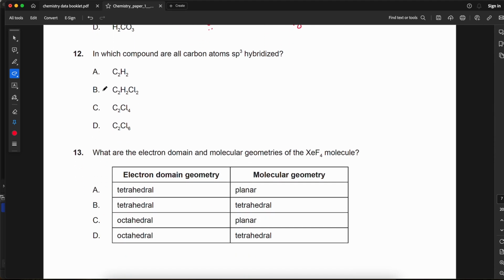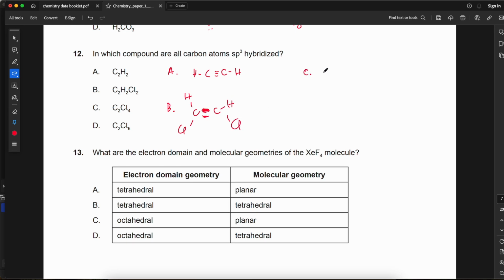In which compound are all carbon atoms sp3 hybridized? So for A, it's HC triple bond CH. For B, CHCl, C, this will be double bond, okay.